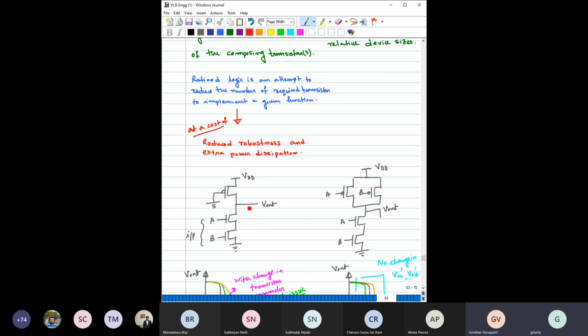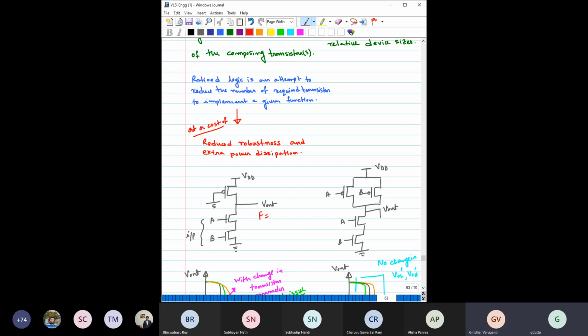Say, for example, let us consider this one. Can anyone tell me what this is? What will be the output function here? We have discussed this type of inverter design in our class, only the difference is that now I am using multi-input.